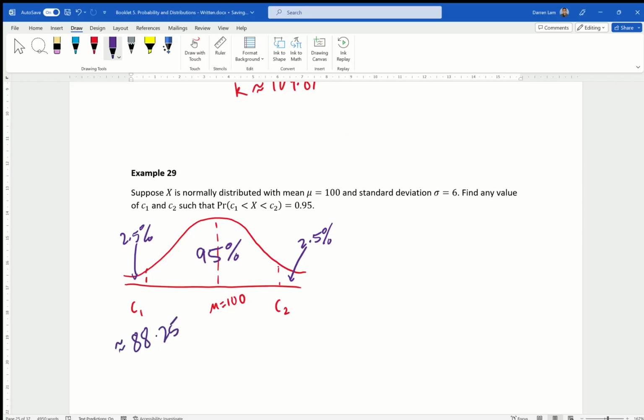Question? Could you do it like this: because between two standard deviations the percentage is 95%, you just do two standard deviations away from the mean, so that's 88 and that's 112.